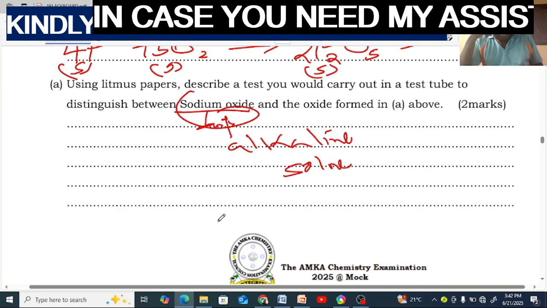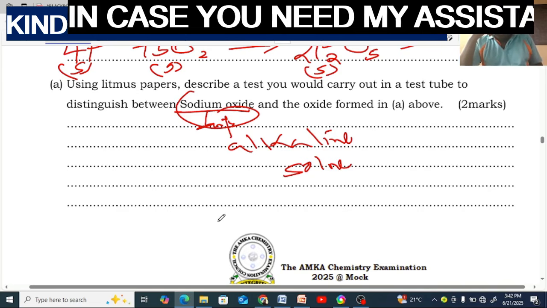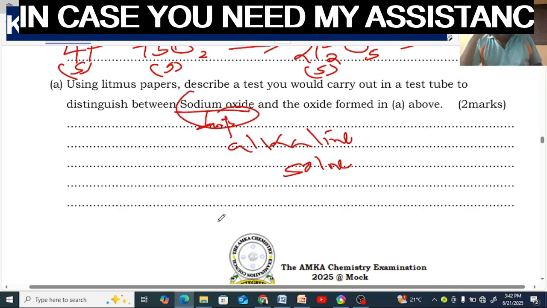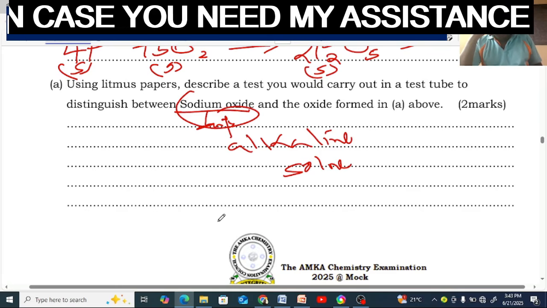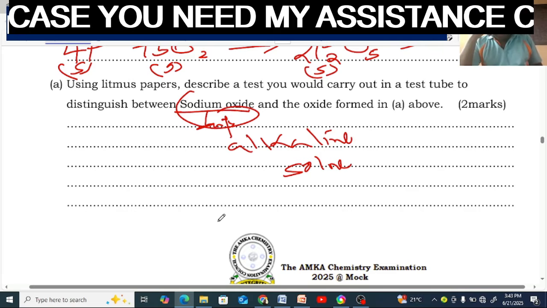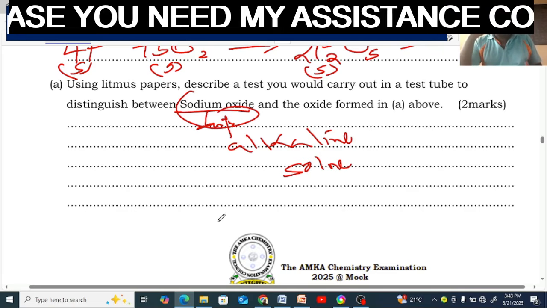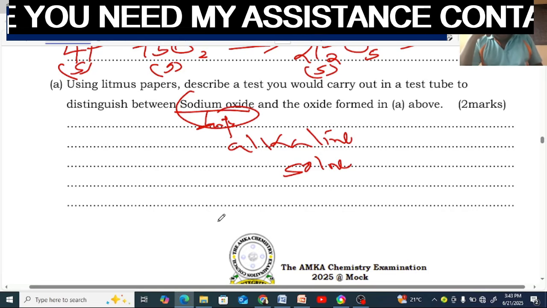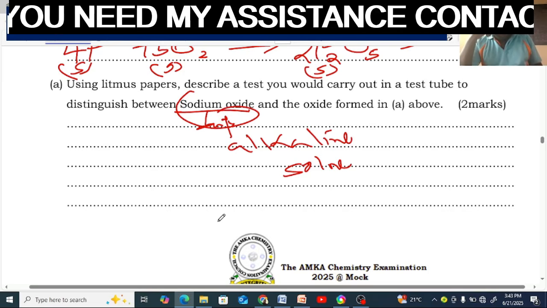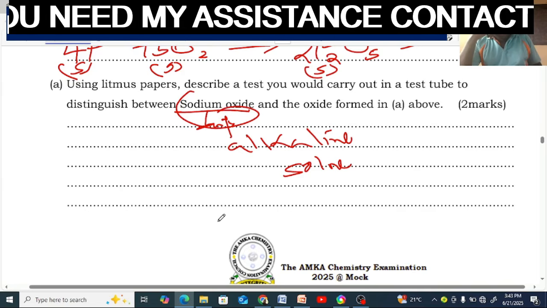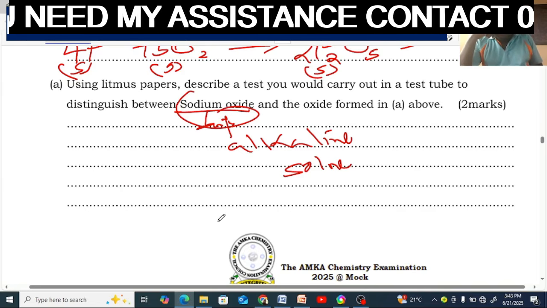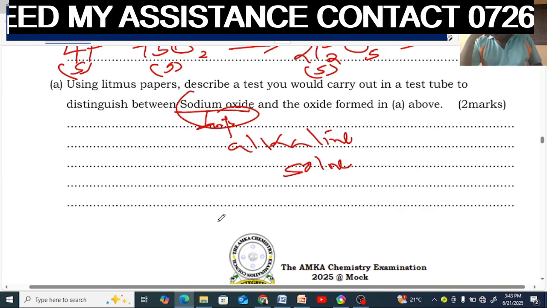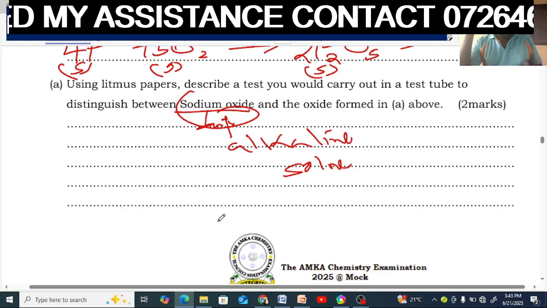Now, you say add water to each oxide in separate test tubes to form solutions. Point number 2, dip blue and red litmus papers into each solution. Sodium oxide solution changes red litmus paper to blue, while phosphorus 5 oxide changes blue litmus paper to red. And you are done.